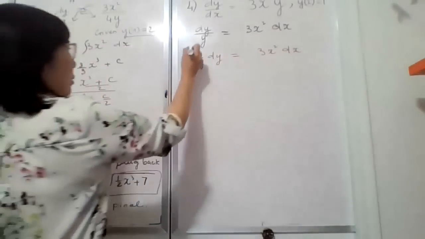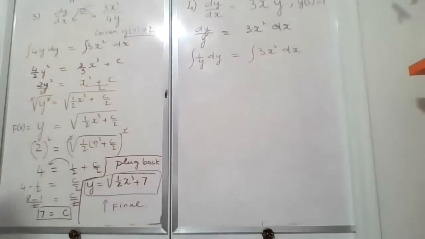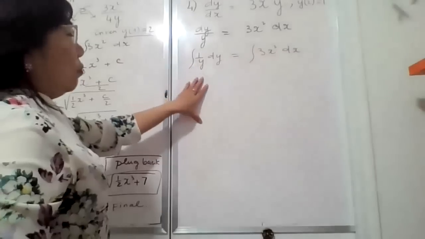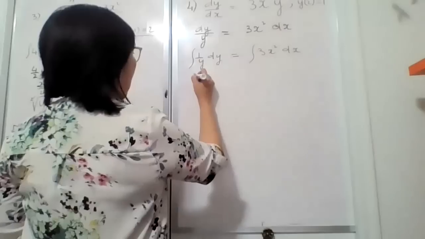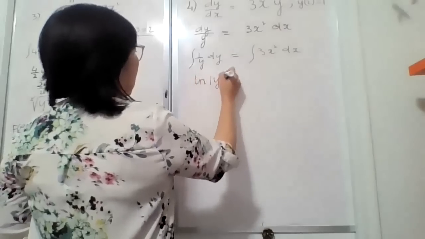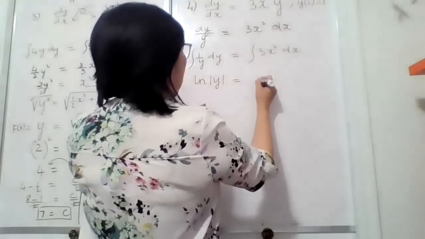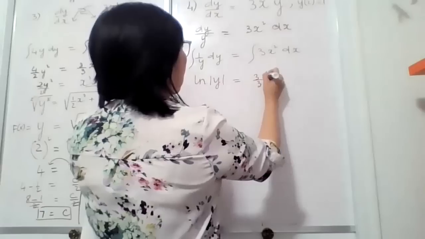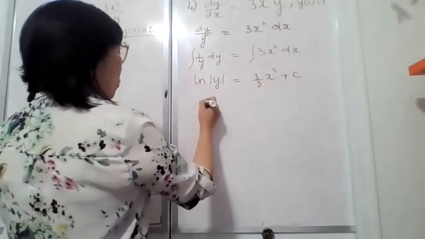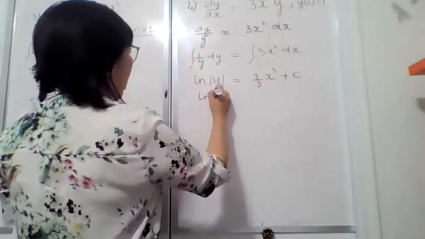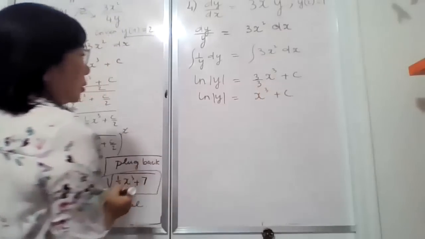Right? So now integrate both sides. What is the antiderivative of 1 over y dy? The antiderivative will be ln of y, and we put in absolute value again. Equal, integrate this, will be 3 divided by 3 x to the power 3 plus c. So ln y will be equal to x to the power 3 plus c.